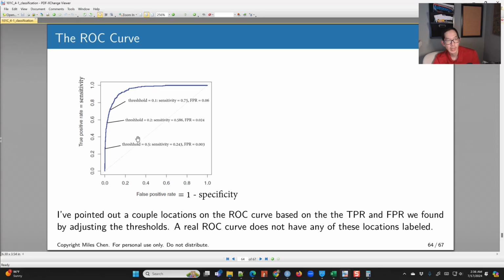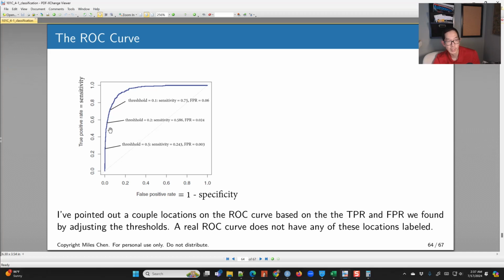As I decreased my threshold to 0.2, my sensitivity increased to 0.586, but my false positive rate went up to 0.024. If I decreased my threshold further to 0.1, my sensitivity went up to 0.75, but my false positive rate also went up to 0.06.